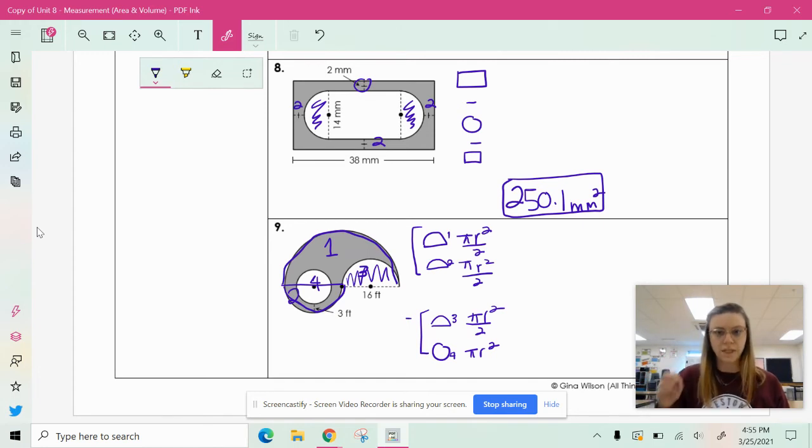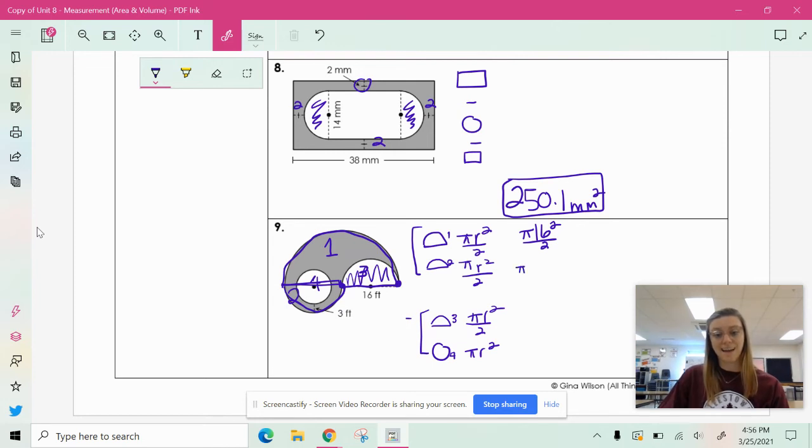Now, the big semicircle, I can see from here to here it's already told me that's a radius, 16. So pi 16 squared. And then this one is also, the diameter is 16.